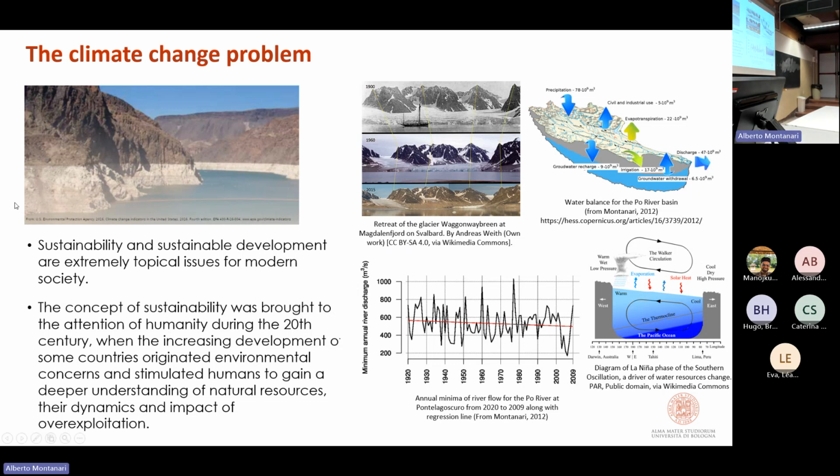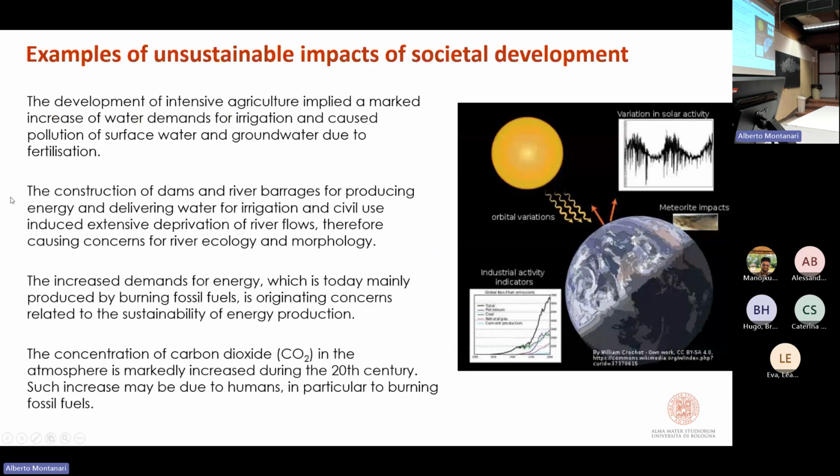So let's try to look then in more detail. First of all, here you can see some of the developments associated with the great acceleration, which are concerning. Some of them are trivial, others are less trivial, but the list could be longer. So first of all, intensive agriculture is a matter of concern.